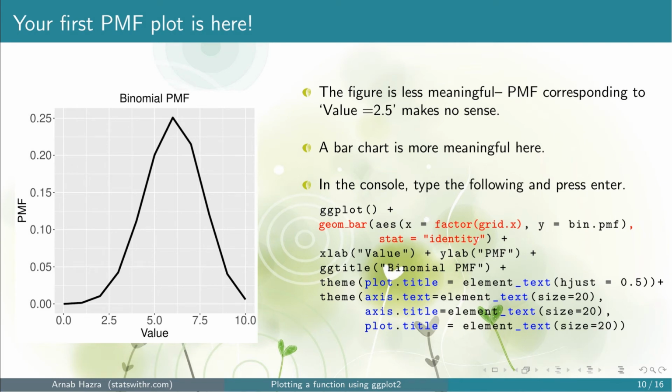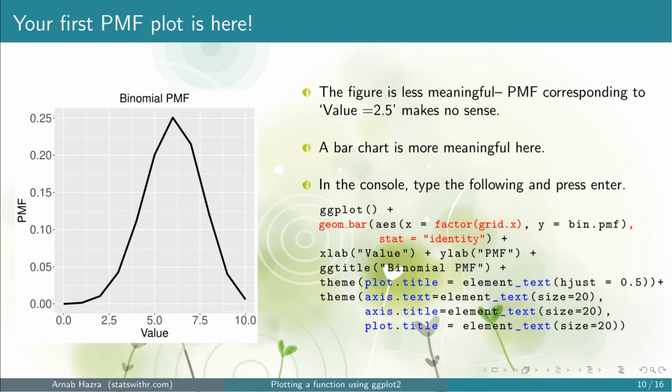Because we want a bar chart instead of a curve, we replace geom_line by geom_bar. Next, note that within aesthetics of geom_bar, instead of setting x equals to grid.x, we set x equals to as.factor(grid.x). This makes sure that the x-axis of the figure would just be some integers and there is no meaning of the PMF at say 2.5.